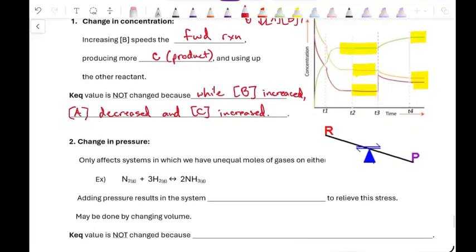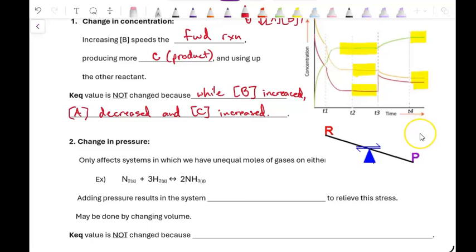One way to look at this is using this little seesaw. This is a good memory device a lot of students like to use. If you've ever seen a seesaw on the playground, this is the reactant side, this is the product side.